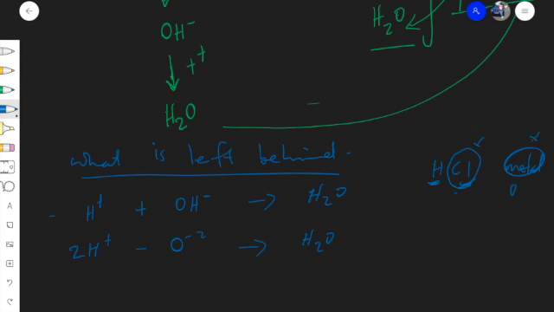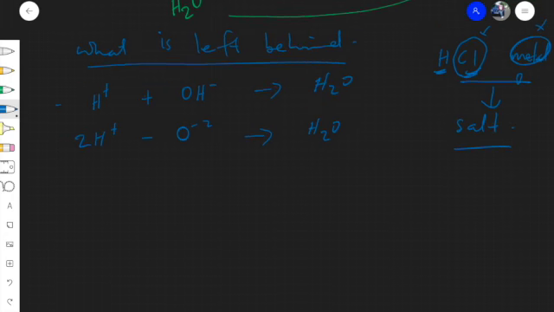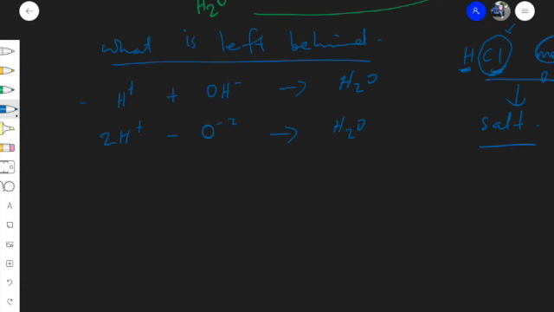These come together, and when they come together, they form a salt. So what are we saying? The thing that is left behind is the salt.